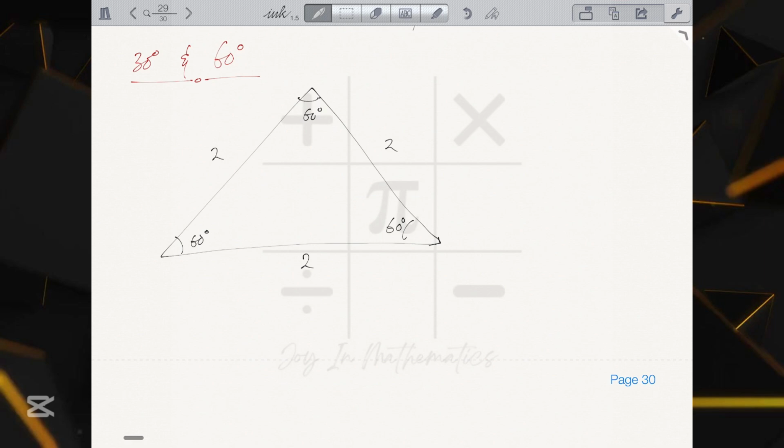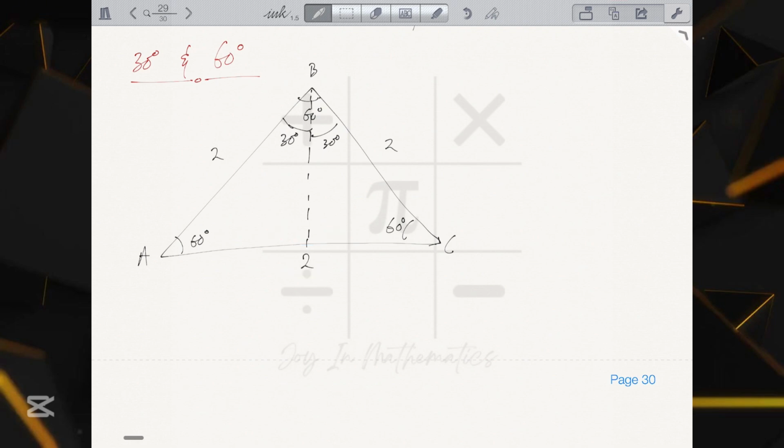So with this, let's label the triangle A, B, and C. Now we can see 60 degrees is visible on all ends, but when we have a perpendicular bisector at point B, it will divide this 60 degree angle into 2. So we will have 30 degrees and also 30 degrees. It will also divide length AC equally into 2.